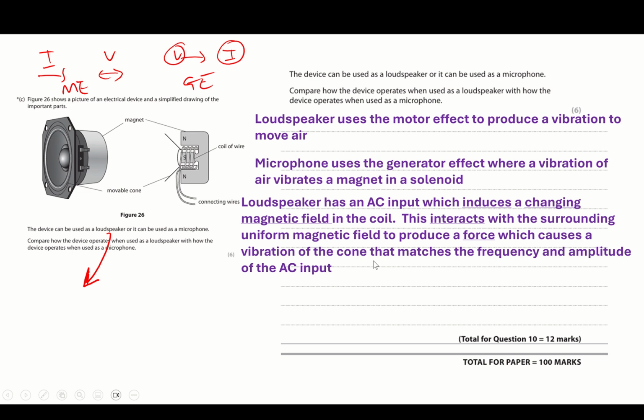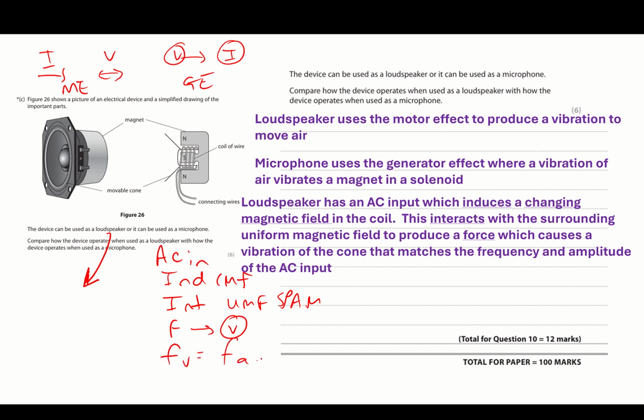So if I just go through, for a loudspeaker: alternating current in, this induces a change in magnetic field. This interacts with a uniform magnetic field from the single pole of the annular magnet. This produces a force, and that force makes a vibration, and the frequency of the vibration equals the frequency of the alternating current. So that's it, spelled out in the memory method way.